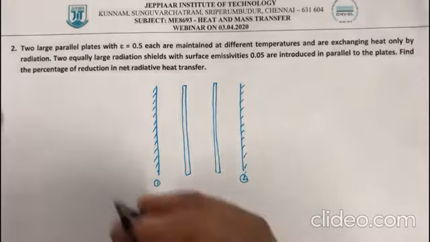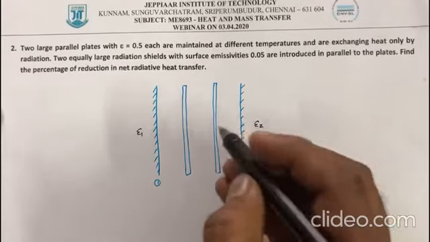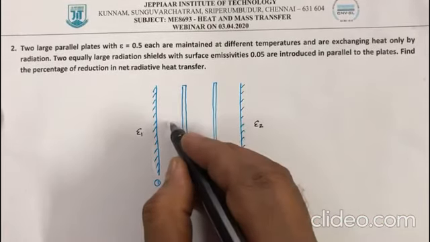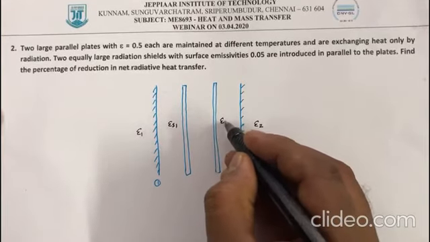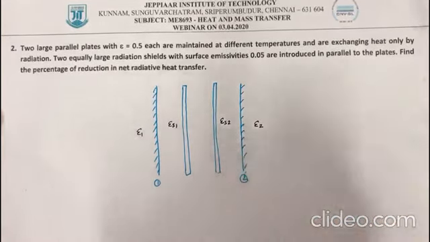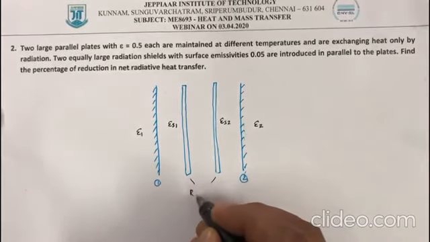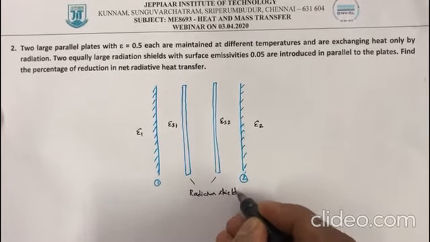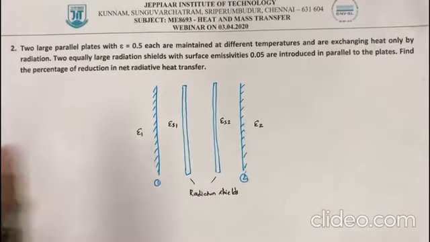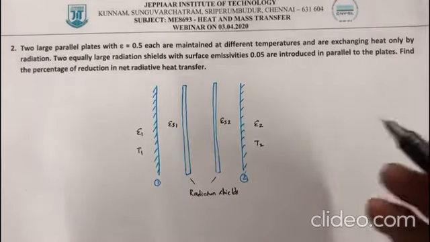So the emissivities of plate 1 is epsilon 1 and plate 2 is epsilon 2. So for these radiation shields we denote it by epsilon S1 and epsilon S2. So for both these shields, so these are radiation shields. So two plates, their temperatures are T1 and T2 respectively.